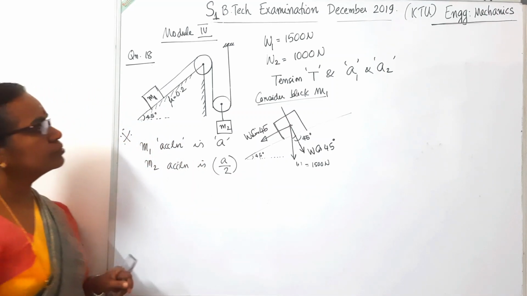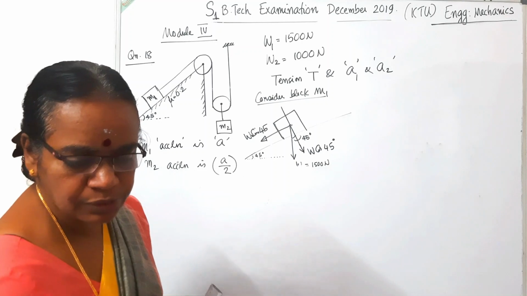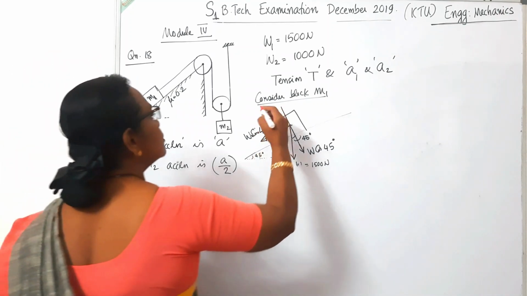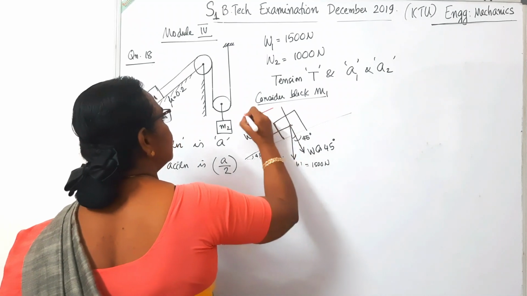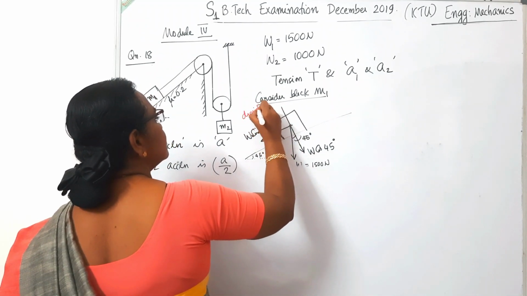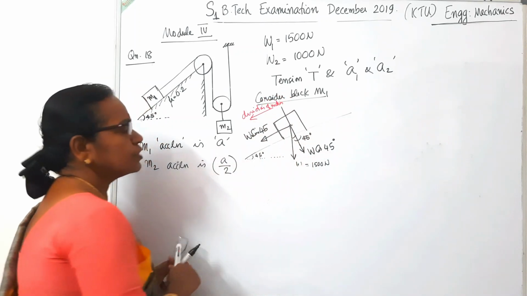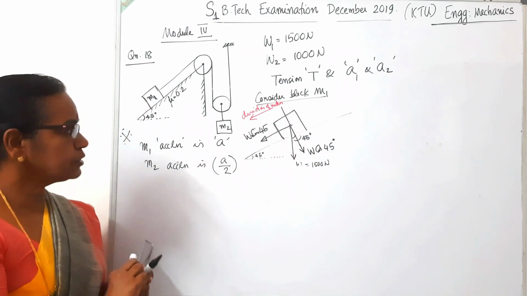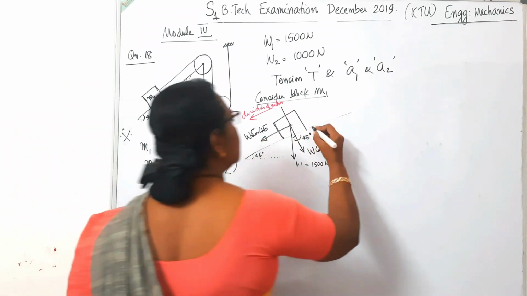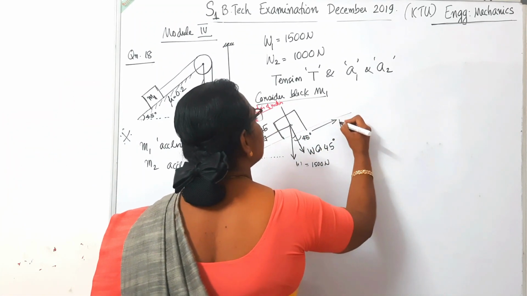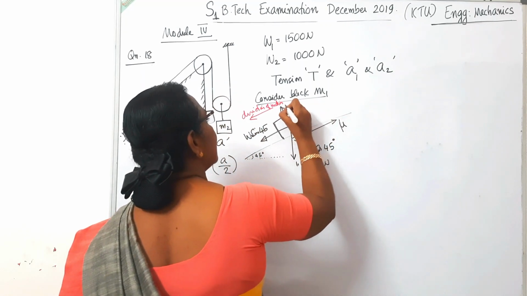Okay. Now this body moves in which direction? Let us assume this is the direction of motion, it moves down. So friction force will act in the opposite direction, isn't it? Friction will act opposite to the direction of motion. Friction is equal to mu R. So this is the normal reaction.